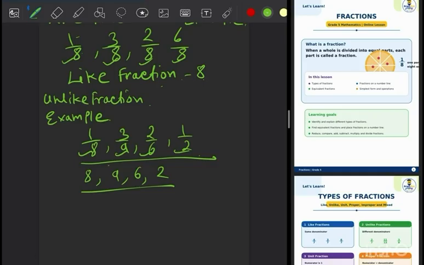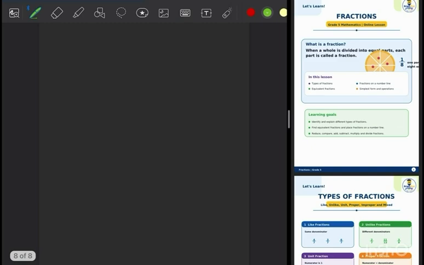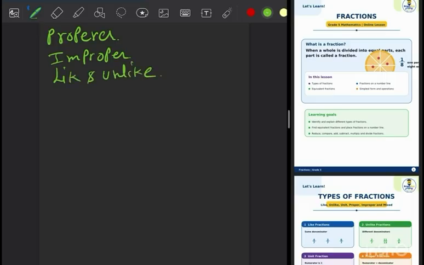Hope you all understood. So today we have learned about proper fraction, improper fraction, like and unlike fraction, unit fraction, and mixed fraction.